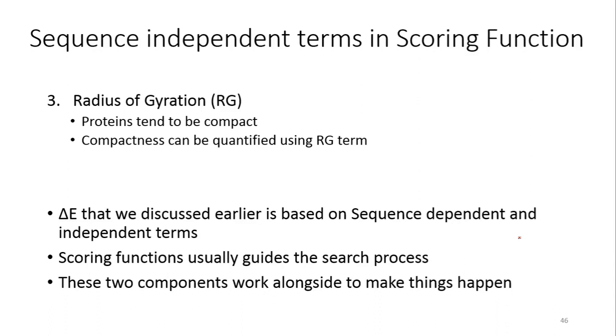Now, compactness can be described by radius of gyration. As I have already described, compactness is also one of the factors. We know by studying a lot of proteins that have been crystallized or experimentally derived so far that proteins tend to be compact. This compactness can be expressed mathematically in terms of radius of gyration.